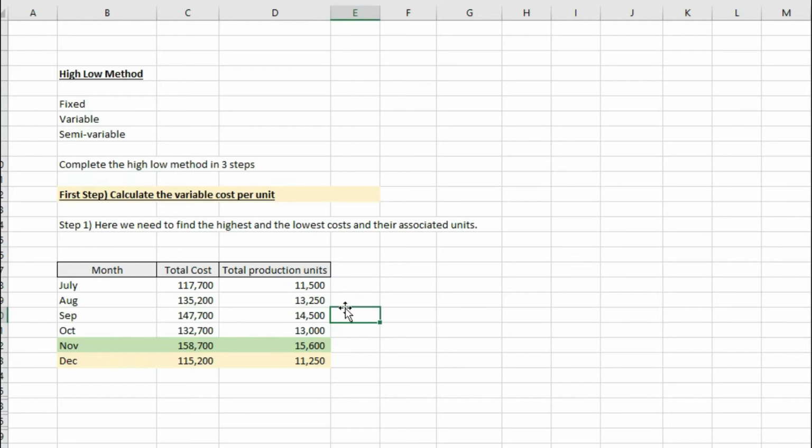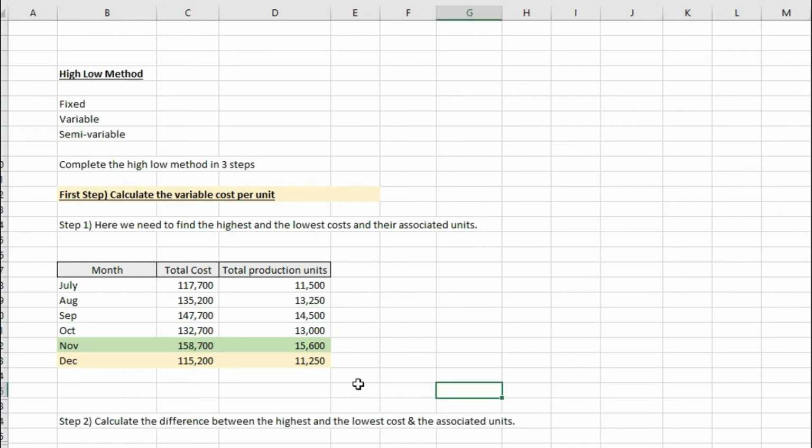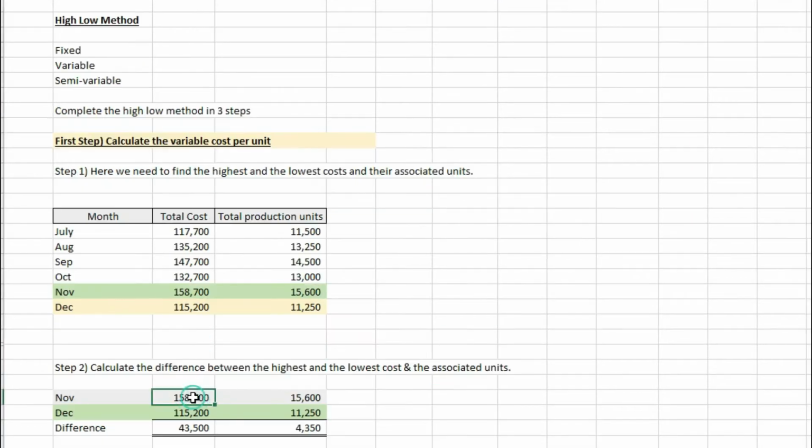Now we need to calculate the difference between the highest and the lowest cost and their associated units. We're going to take this £158,700 minus the 115,200, and that gives us a difference of 43,500.